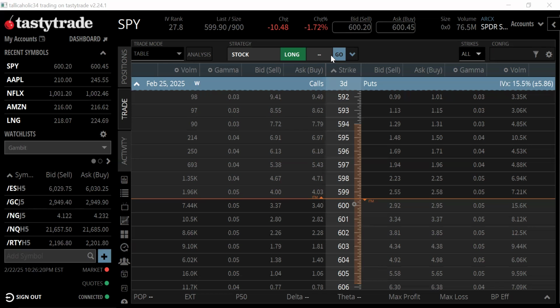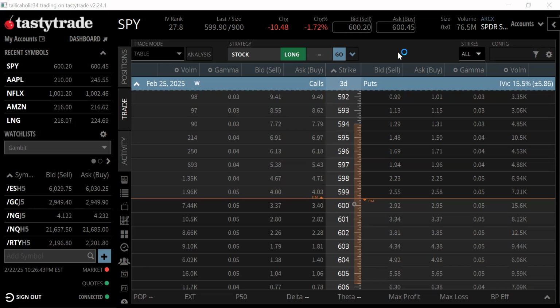So gamma, what does this do? Just as the delta measures the rate of change of the option's price with a $1 move in the stock, well, what measures the delta? That's going to be the gamma, right? So the gamma measures the rate of change of the delta of the option with a $1 move in the stock price.